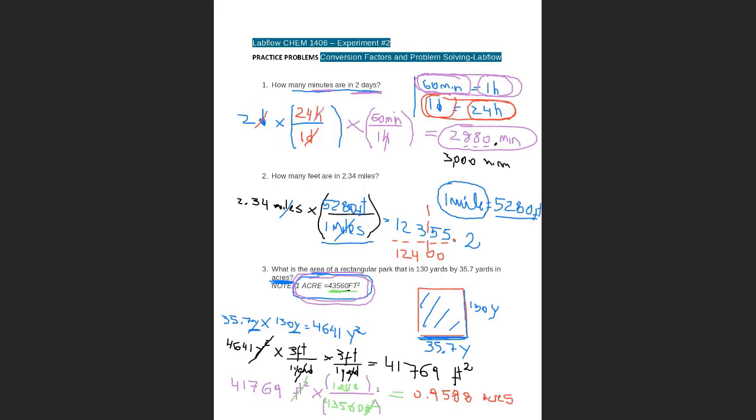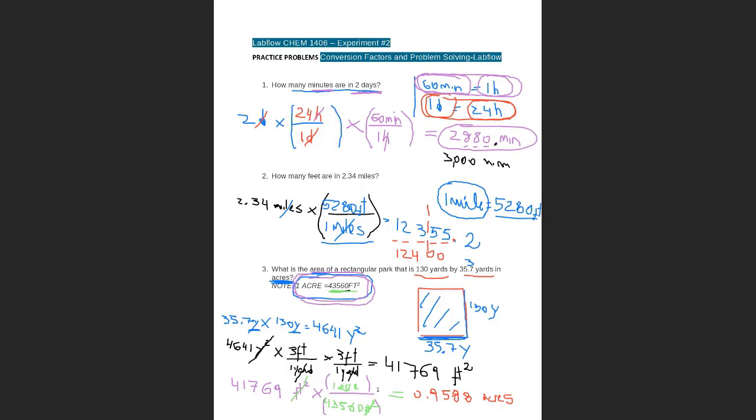Because we have to look at which of these two numbers has the smallest number of sig figs. 35.7 has 3 sig figs. And how many sig figs has 130 yards?